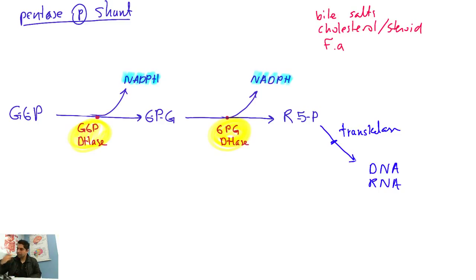Alright, so now guess what? There are other enzymes. So this whole cycle you want to memorize for only one thing, and that is NADPH. The purpose of this shunt or pathway is only to understand the role of NADPH. NADPH reduces glutathione. Let me write it down.